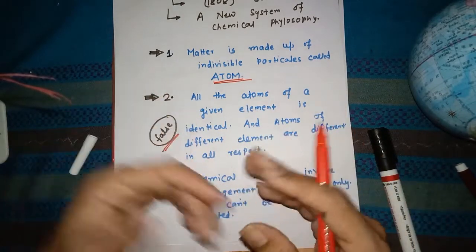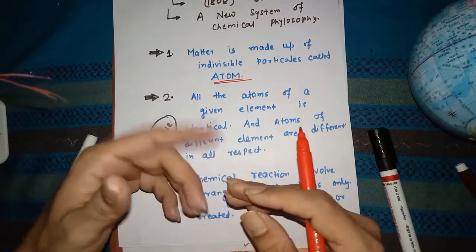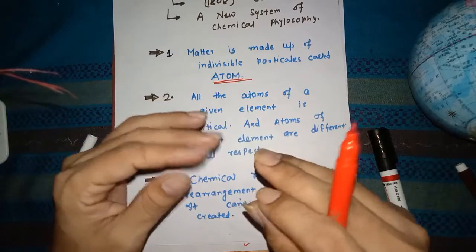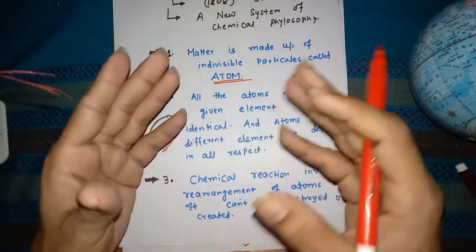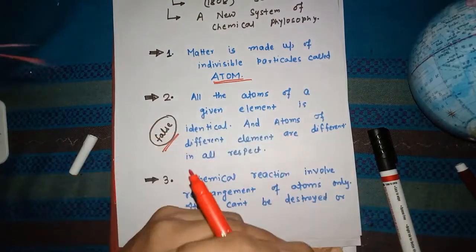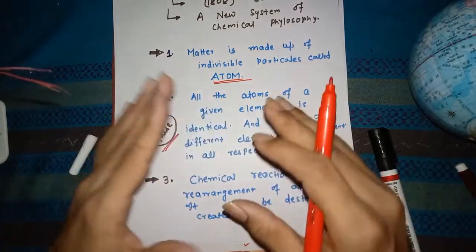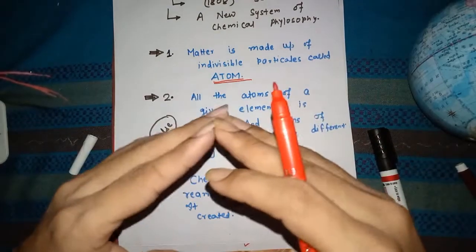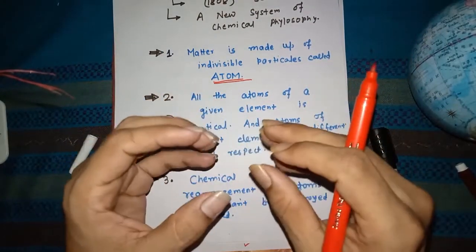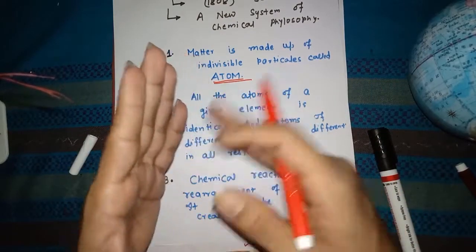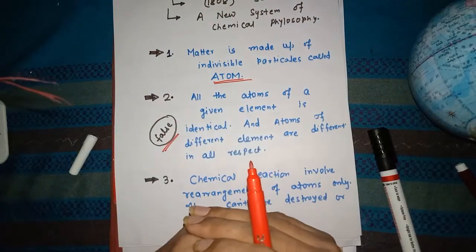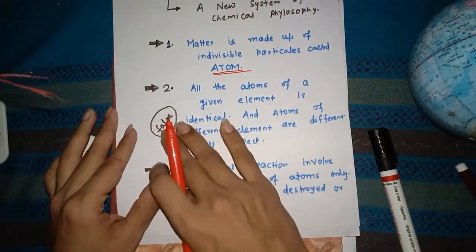For example, carbon-12, carbon-13 and carbon-14 have the same number of electrons and protons. But this hypothesis said that all the atoms of different elements are different in all respects. Here you can see that in respect of the number of electrons and protons, isotopes are the same. Have you got my point? So this is false.